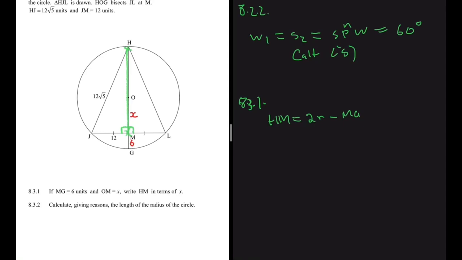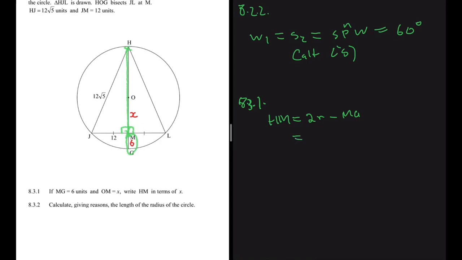Because if we're looking for HG instead, then it will just be 2 radius, right? But the only difference between HM and HG is that HM stops here at M, and then we have that 6 going forward. So HM is basically 2 radius minus MG.